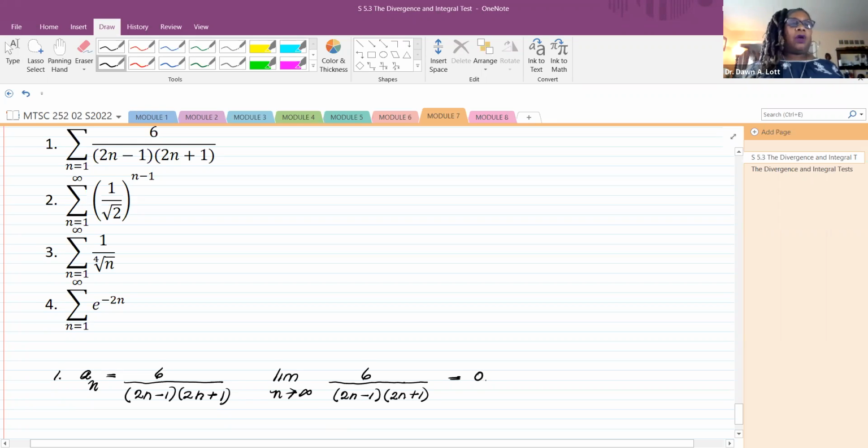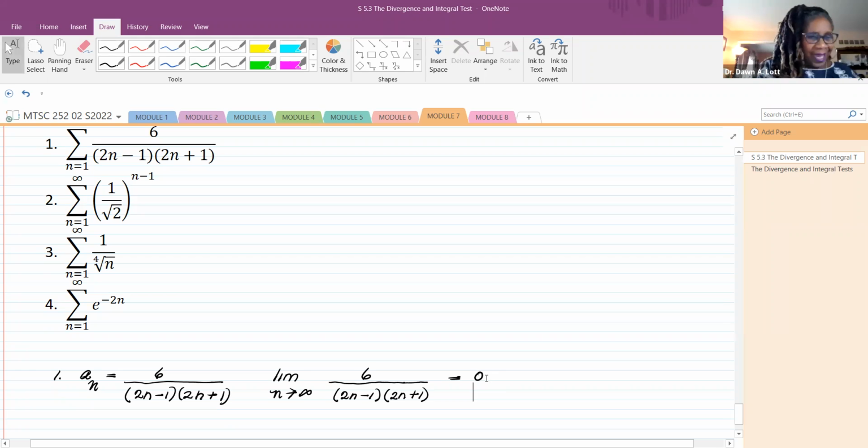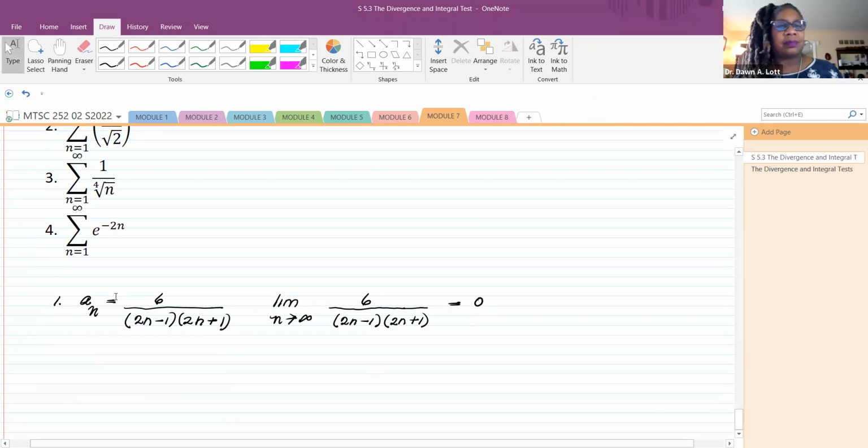Okay. So in the first one, the limit is 0. So now what can I conclude from the nth term test of divergence? Please be careful what you say. Nothing, right? Thank you. Absolutely. We can conclude nothing.